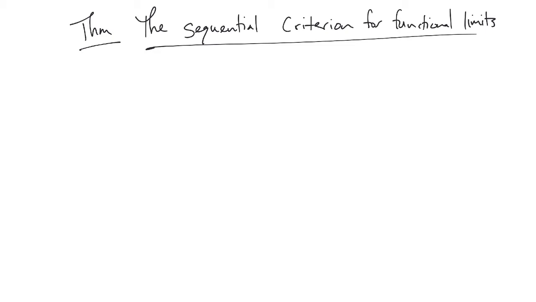You can rephrase the definition. Instead of using epsilons and deltas, you can rephrase it in terms of limits of sequences, which actually isn't much better on the face of it, because the limit of a sequence avoids the epsilons and deltas, but you still have the epsilon and the big N, which is not all that much different. But anyway, you'll see why this is actually extremely useful.